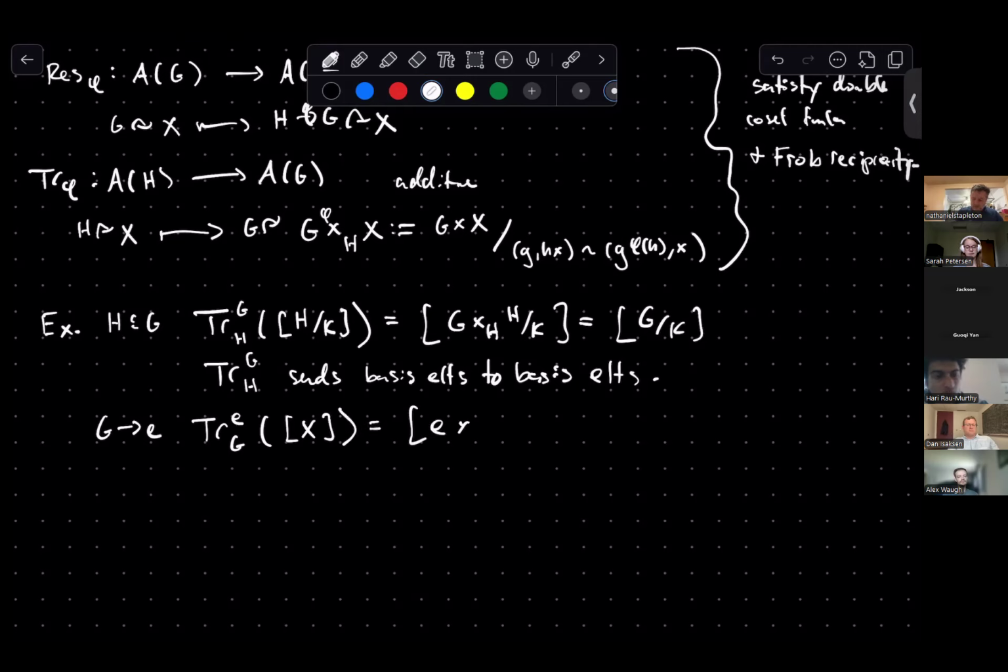This is E times over G with X, and that exactly quotients out by the G action. So this is the E set X mod G, which is just captured by the cardinality of X mod G. So this is in A of E, i.e., the transfer from G to E is just counting the number of G orbits in X. That's all that it's doing. And this is going to be important in a little bit. Does that make sense? Are there any questions?